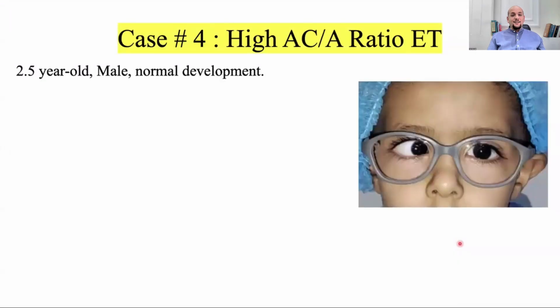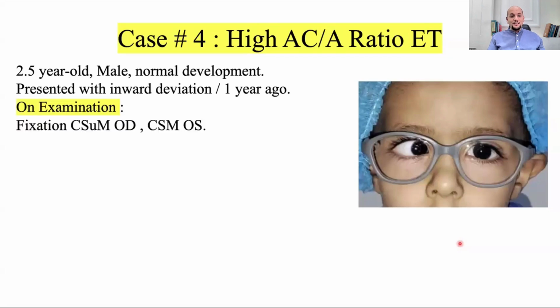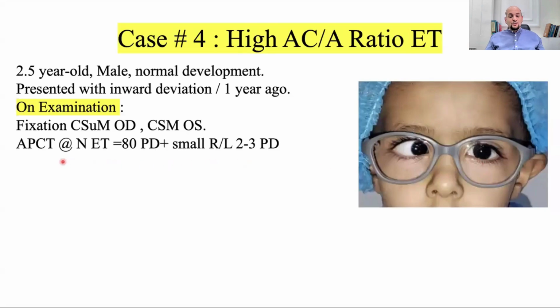This is a young male, 2.5 years old, who presented with inward deviation 1 year ago. On examination, there was unmaintained fixation in the right eye and maintained fixation in the left eye. Alternate prism cover test showed near esotropia of 80 prism diopters and at distance only 50 prism diopters.